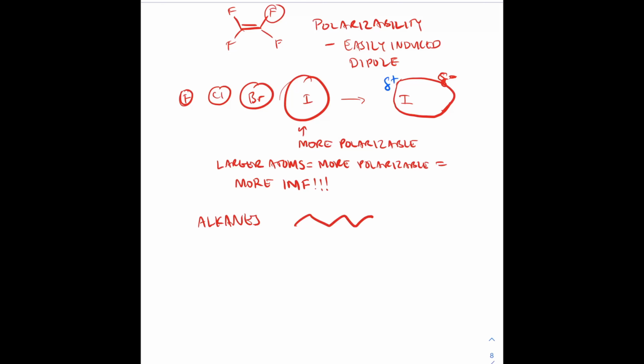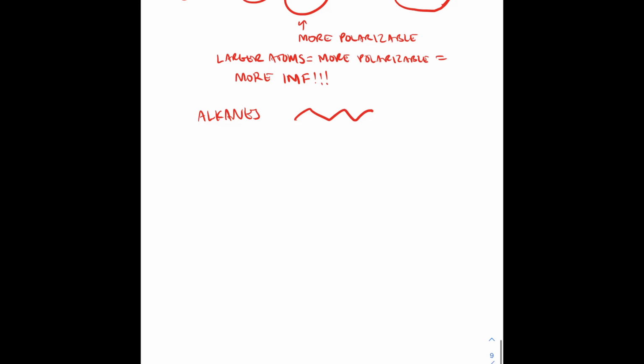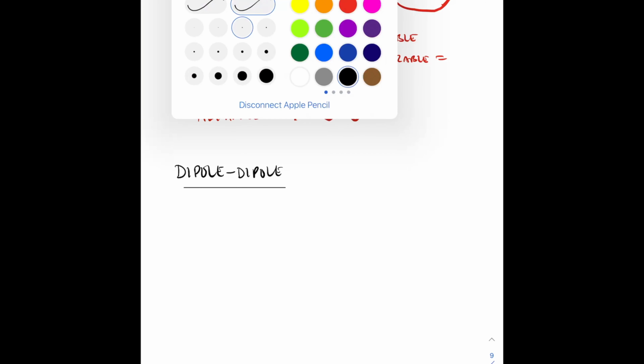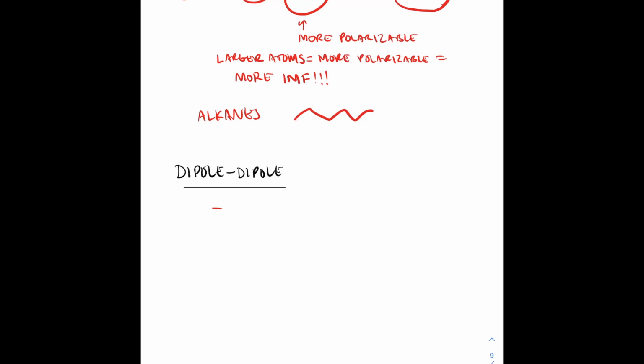Alright, so let's move on to the next intermolecular force that we want to discuss, and that's going to be dipole interactions. Okay, and so dipole interactions are definitely just going to be somewhere in the middle in terms of intermolecular force strength.